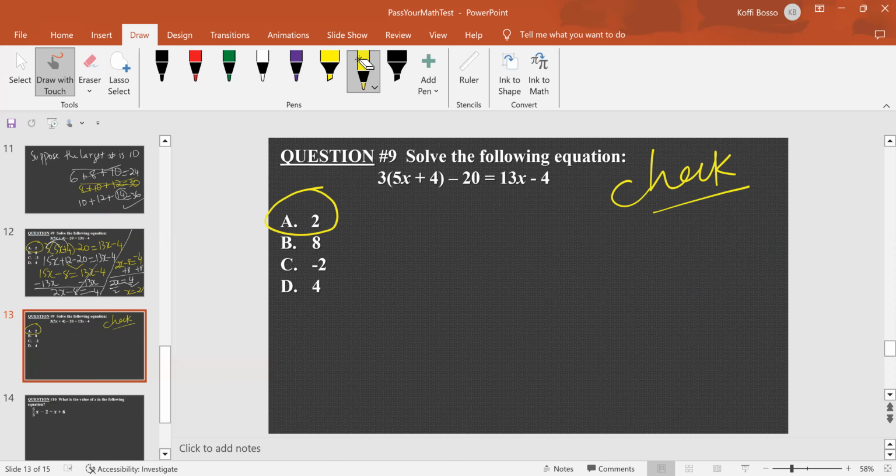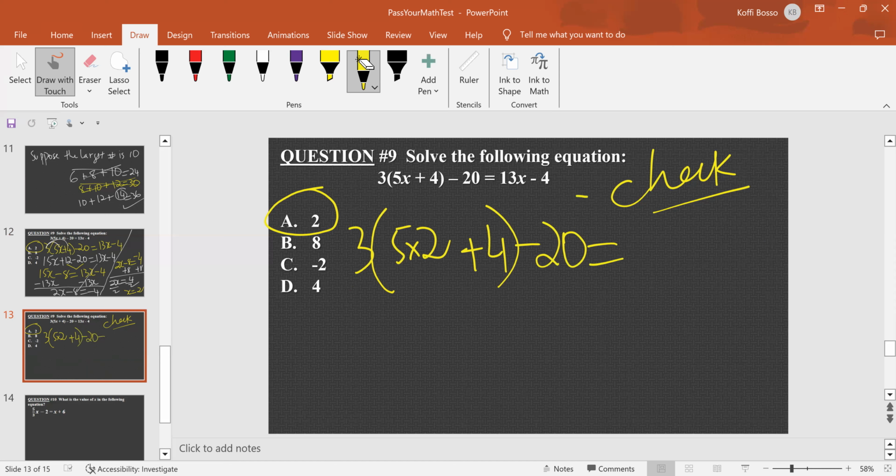If you want to check your work, you rewrite the expression by replacing x by 2. So you have 3 parentheses 5 multiplied by 2, because 5x means 5 multiplied by x and the x value here is 2, plus 4 close parentheses minus 20.